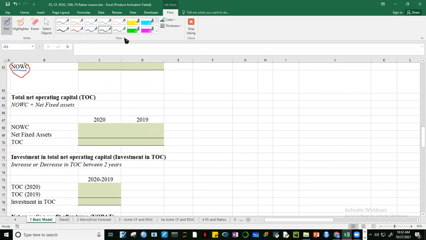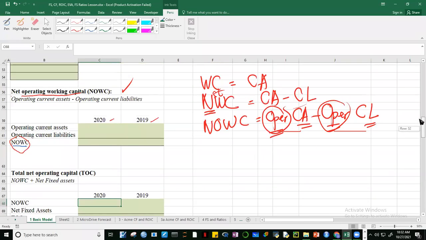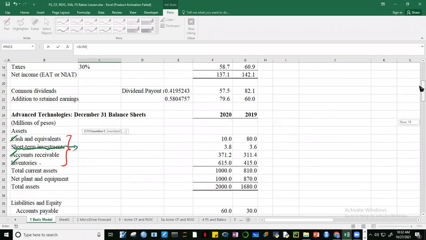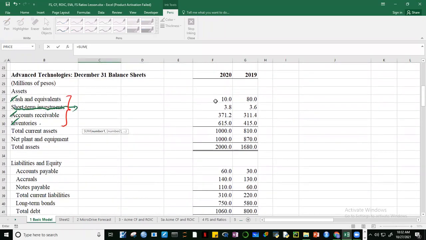So this is equal to, let's use the sum function. So we're adding, what are we adding, guys? Sum of your cash and cash equivalents, comma, your accounts receivable and inventories.